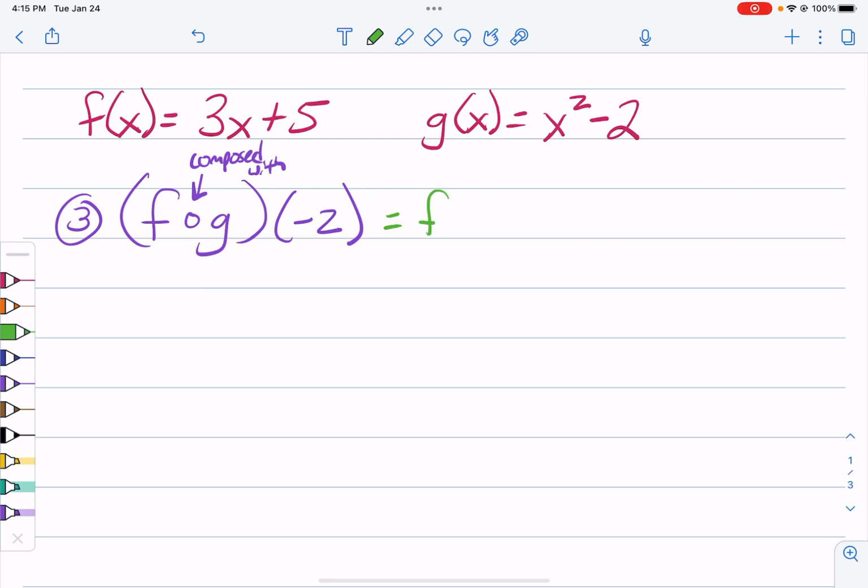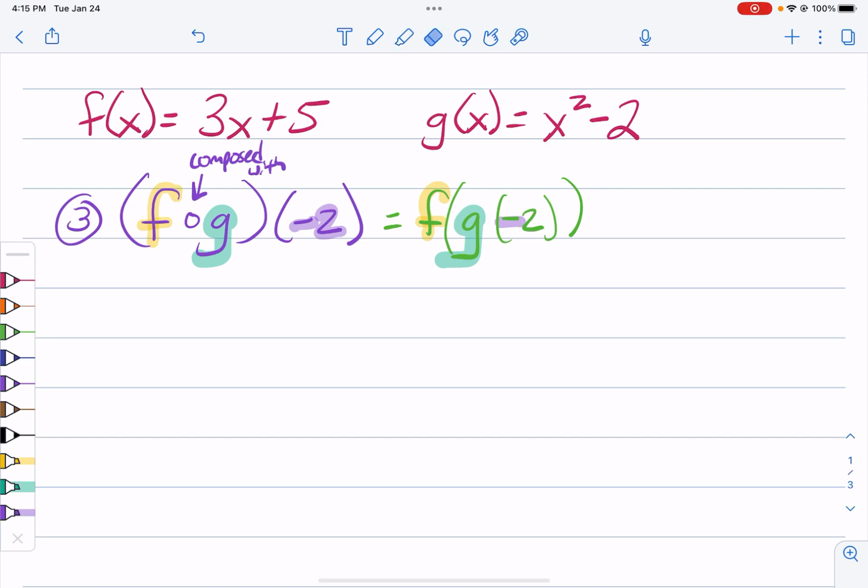So f was first, then the g, then the negative 2. So if you just add parentheses around everything, those two are the same. So f composed with g of negative 2 is the same as f of g of negative 2.